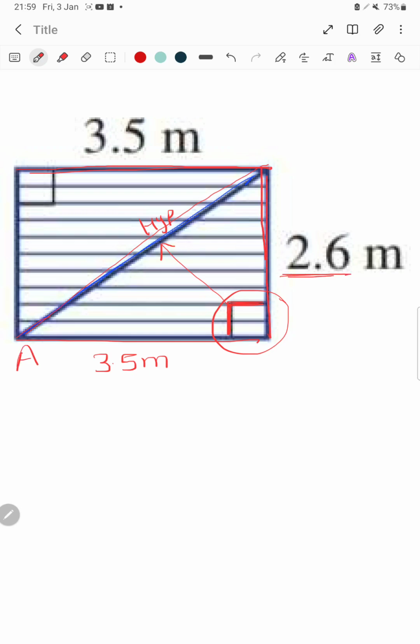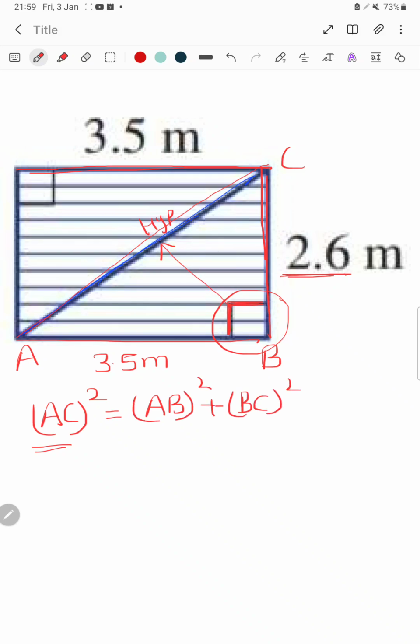So in the triangle, let's say this is point A, this is point B and C. I can easily find AC by applying the Pythagoras theorem: hypotenuse squared, which is AC squared, is equal to AB squared plus BC squared, which is 3.5 squared plus 2.6 squared.